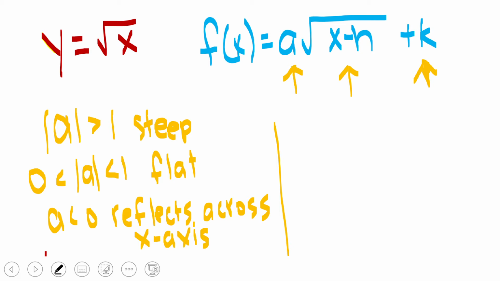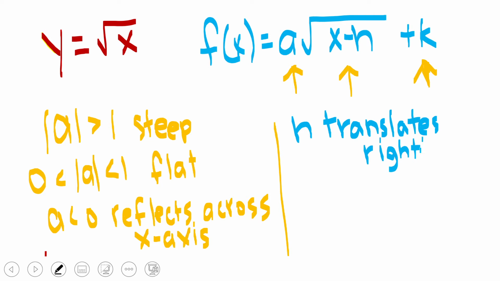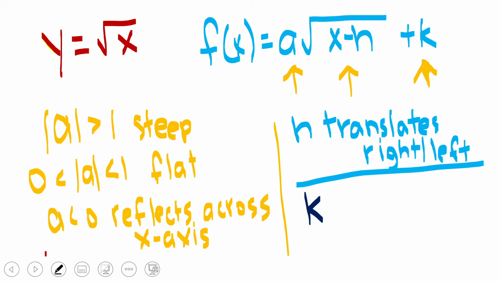When we address the radicand, x minus h, h translates the graph right or left. And when we address k, it simply shifts the graph up or down based on whether it's positive or negative. So that's an easy one.